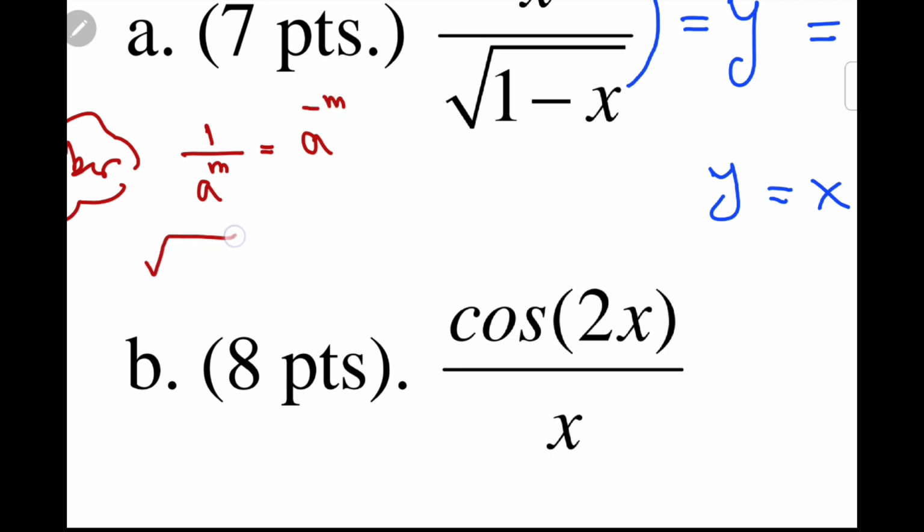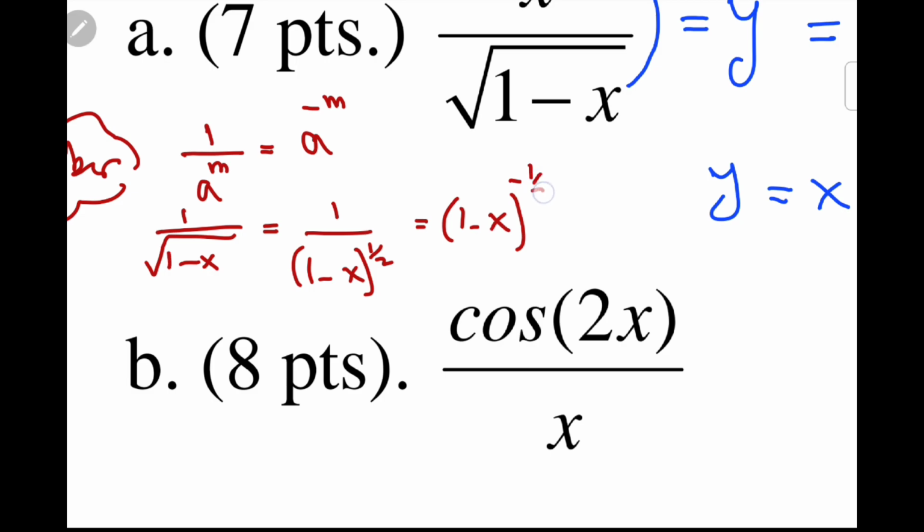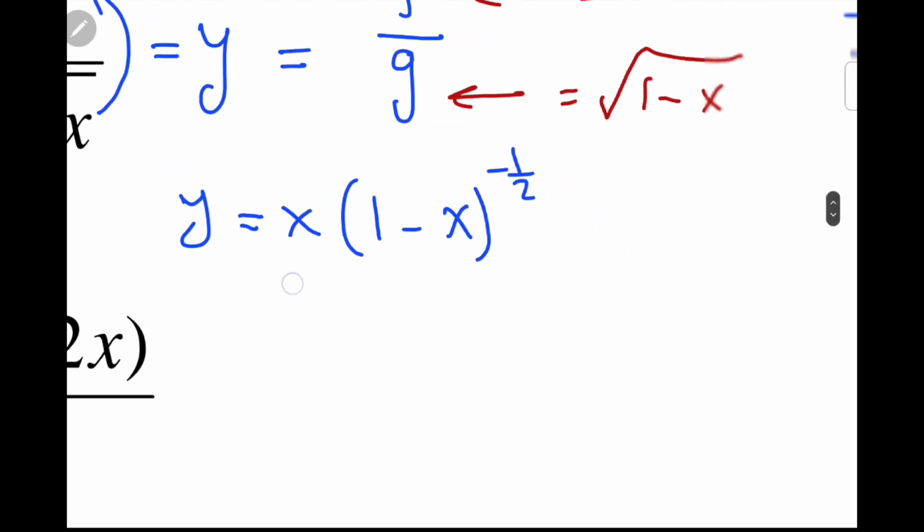So √(1 − x), or 1/√(1 − x), is equal to 1/(1 − x) to the power of 1/2. When you bring it up, it becomes (1 − x) to the power of −1/2.